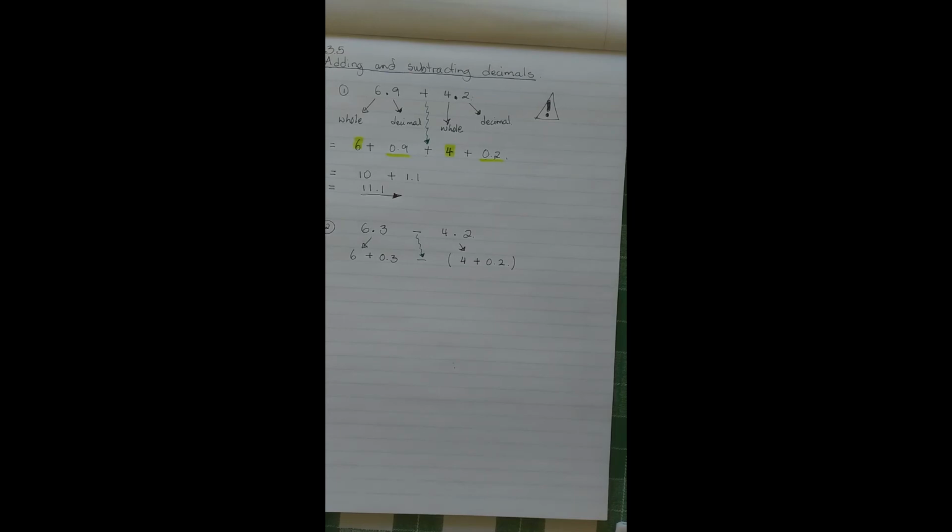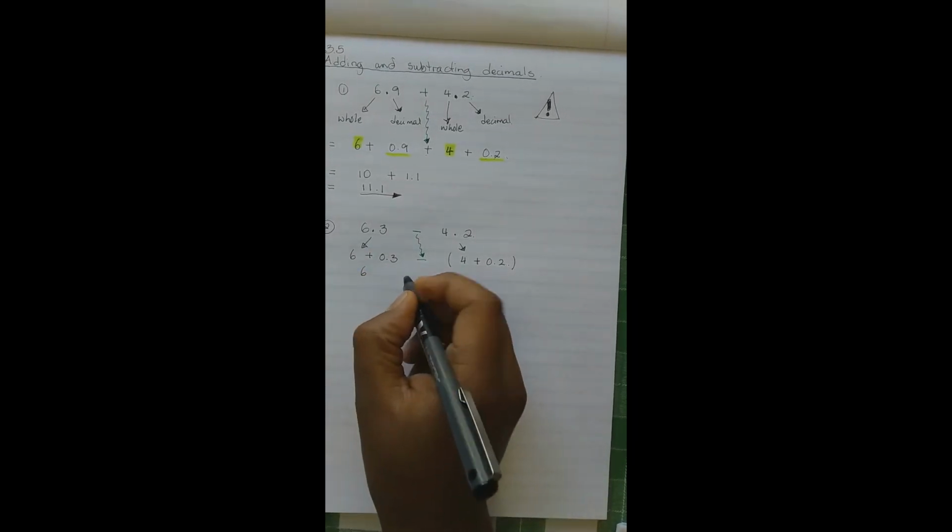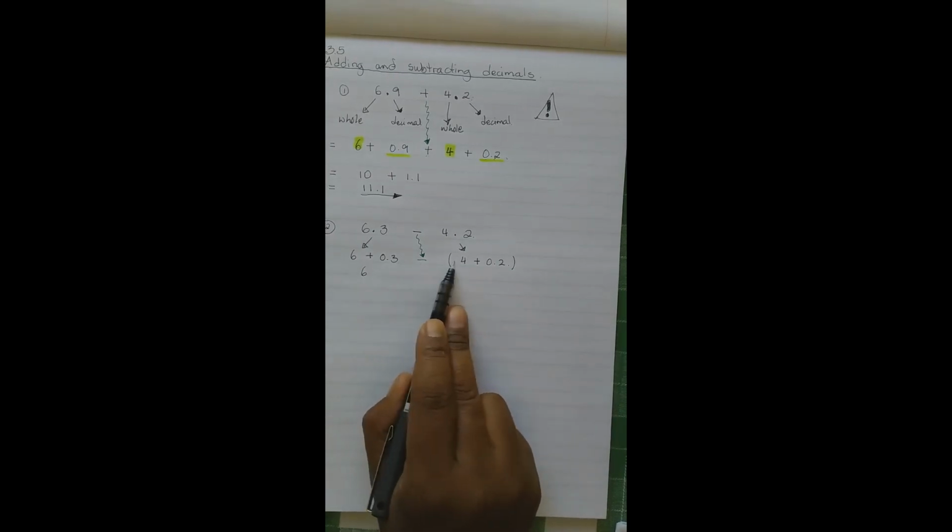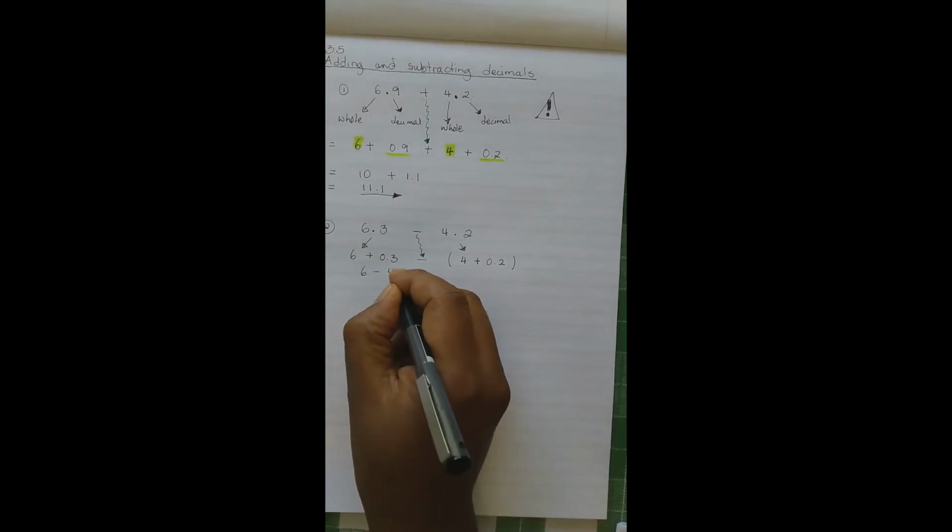Okay, this works out to be 6, now negative and positive will give you a negative, minus 4.